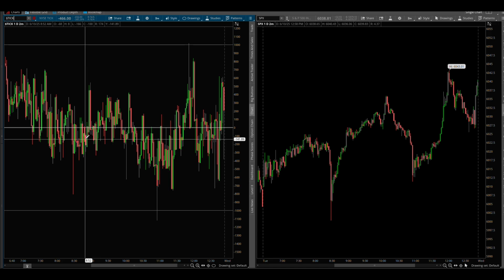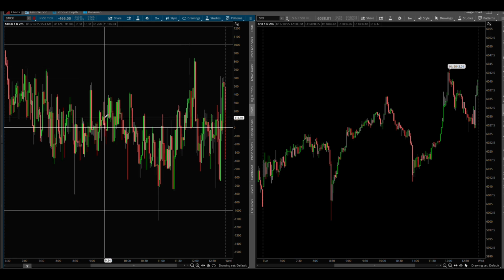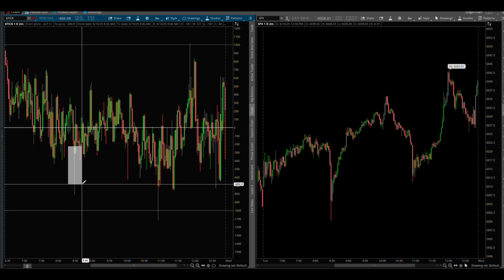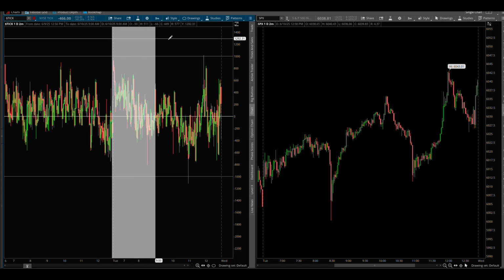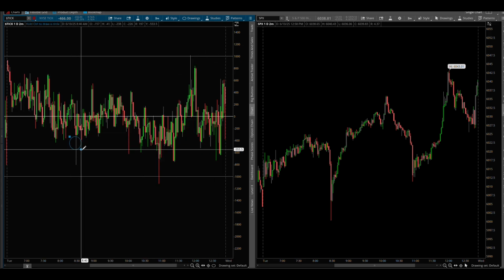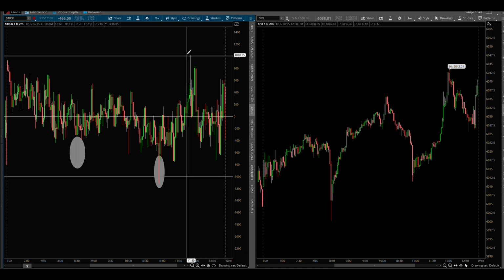So let's get into today. Over here on the right side, I have SPX. So I'll show you where I took my trades today, actually. Let me highlight these. Get the little oval tool. So there, and then there.